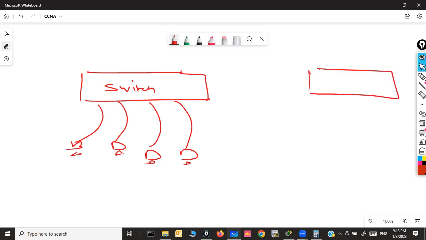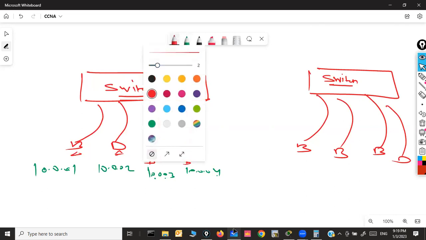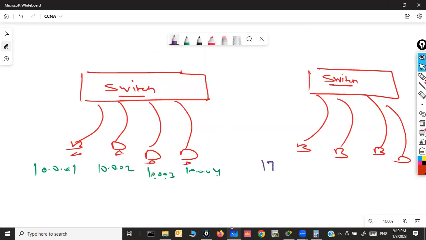And there is another network here, a different network at a different location in a different region, maybe a different city or country, no matter. So at first place, we are intentionally designing different networks. We are assigning IP addresses, let's say here 10.0.0.1, 10.0.0.2, 10.0.0.3, and 10.0.0.4. And here a different IP at the remote location.